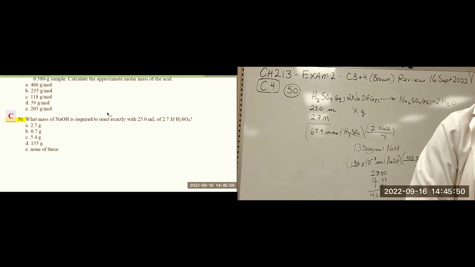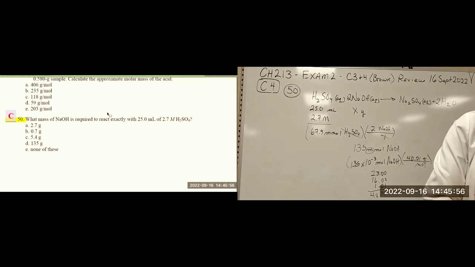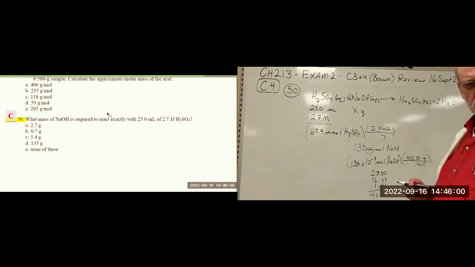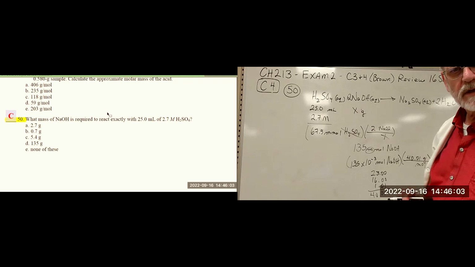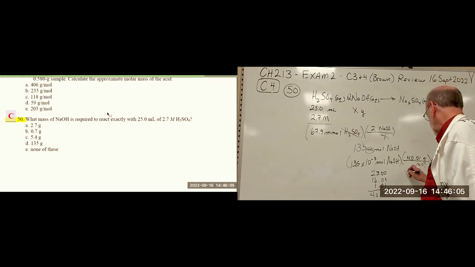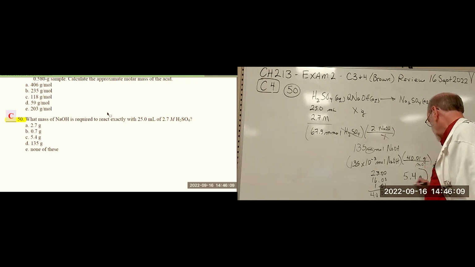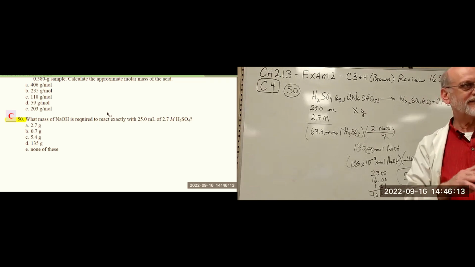And let's see. I get 5.4. How many significant figures? 2. 5.4 grams of sodium hydroxide. Okay?